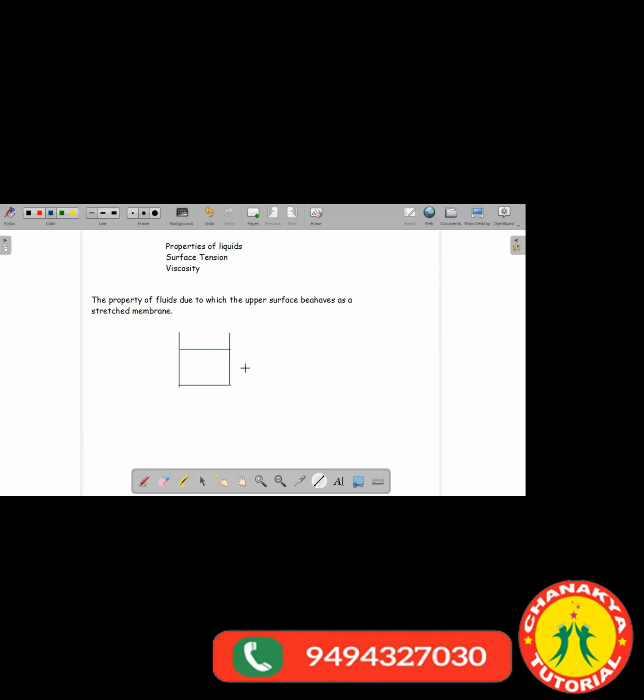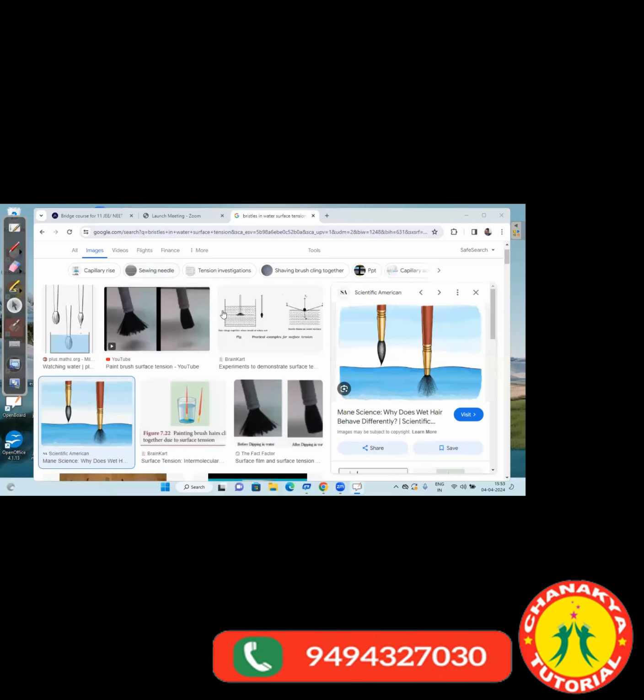Suppose if you observe the upper surface of water, we can imagine the upper surface of water is being stretched. So this property is explained with this activity: when the bristles are in water, they experience equal amounts of force from each other, so they are spread apart.